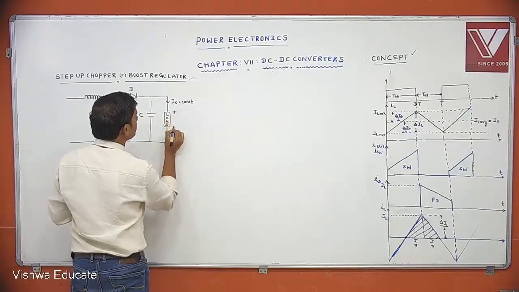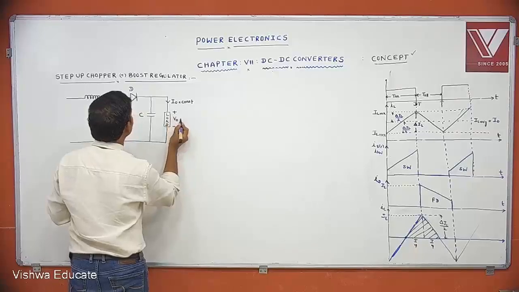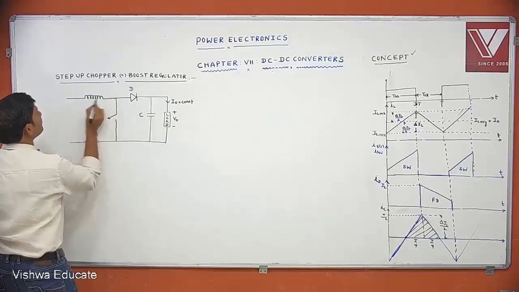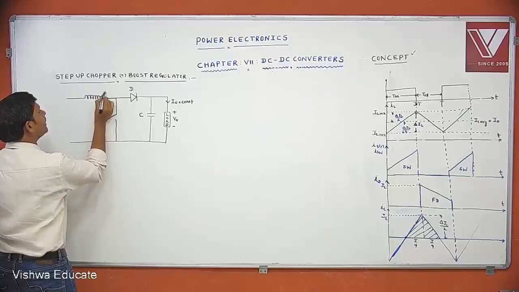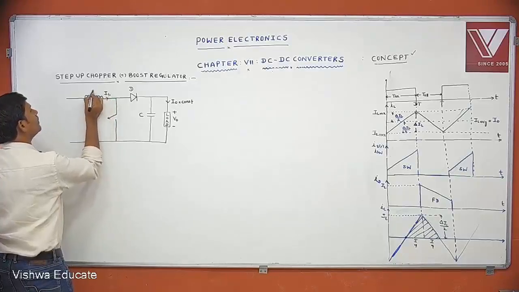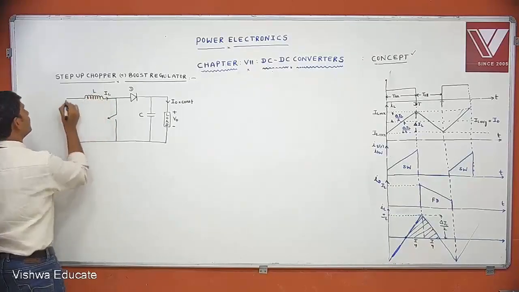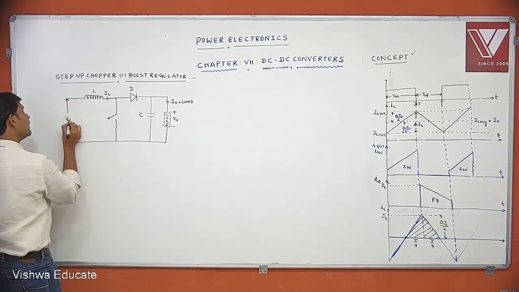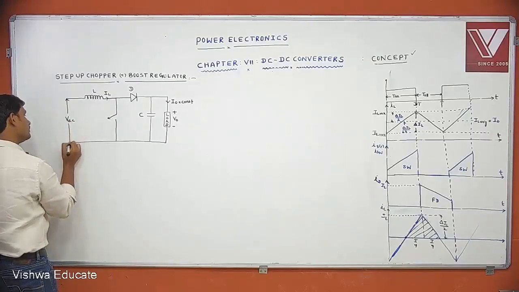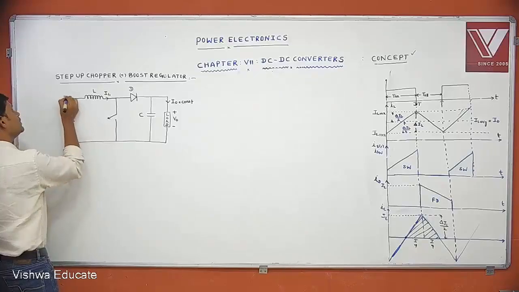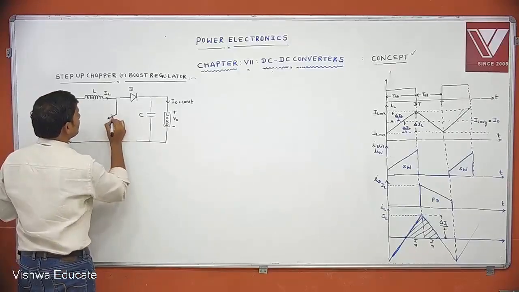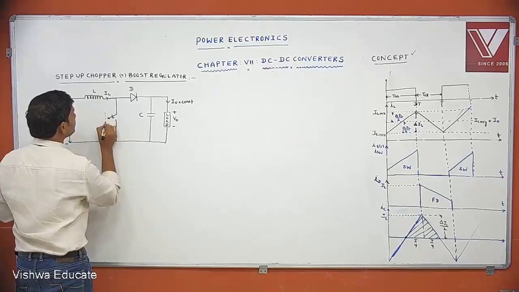This is positive, negative, V. So this is the inductor current IL. This is L. The supply is VDC, positive, negative. This is the switch or chopper.